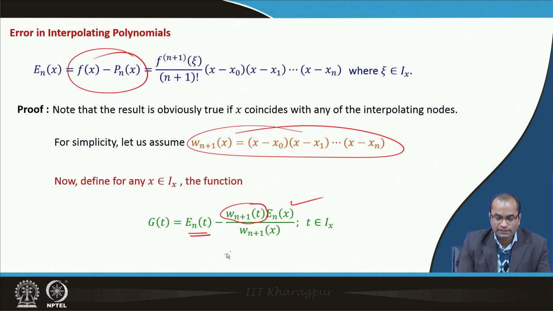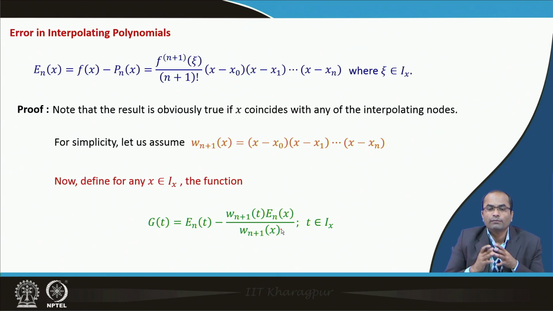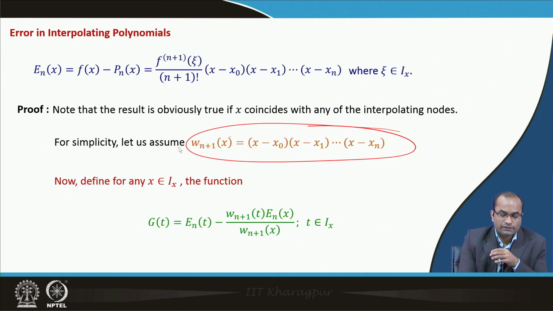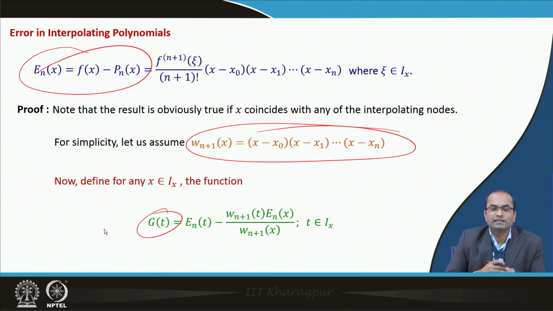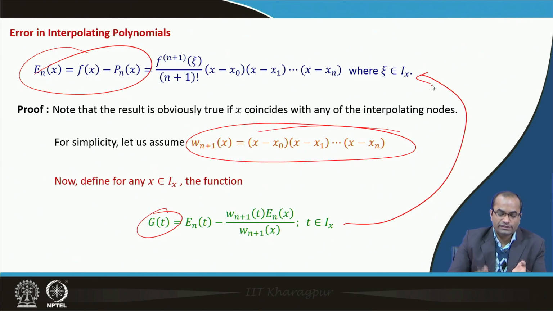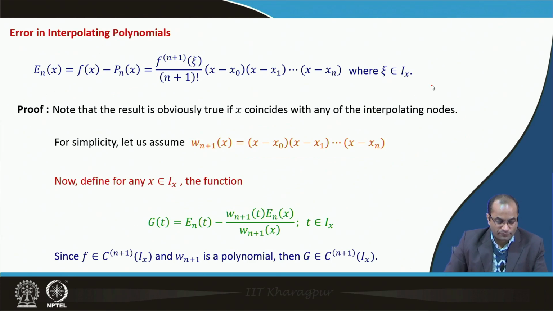We have again E_n and we have again w_{n+1}. So, in terms of these w_{n+1} and E_n, we have defined a function g(t), and now we will discuss what the properties of this g(t) are and how we can get the error formula with the help of this function.